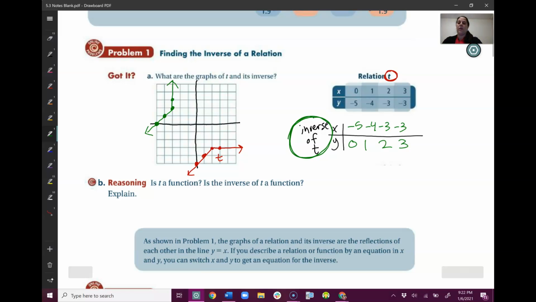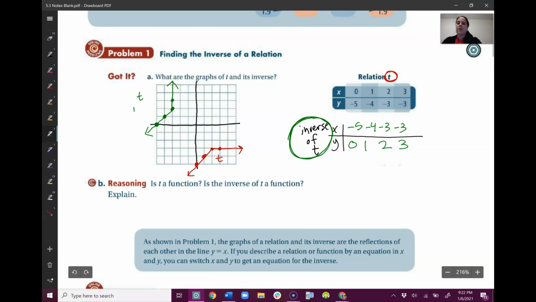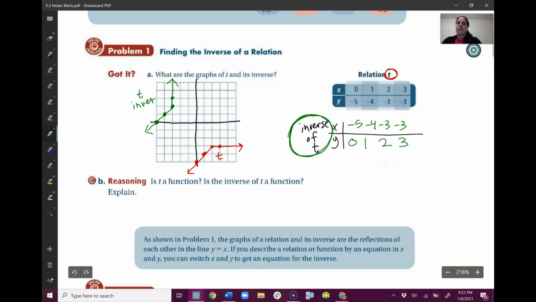There we go. And I'm going to call this one T inverse. Ta-da! So there we go. That's your first introduction to inverses. It's just the idea of flipping the x's and the y's. That's the whole key to inverses.